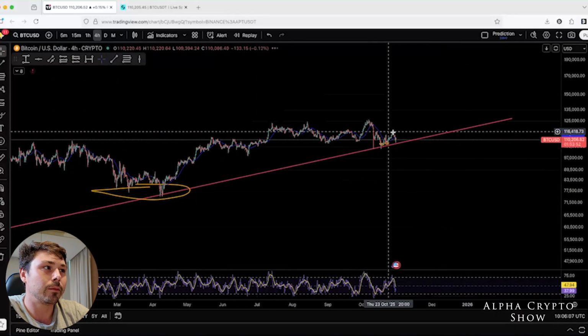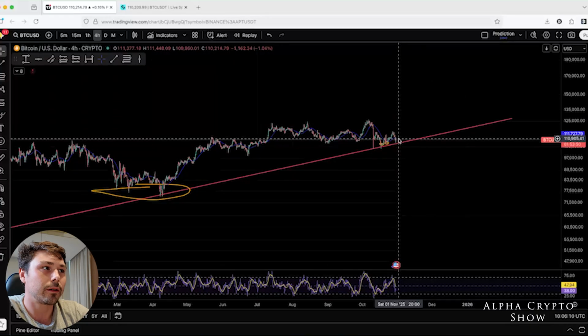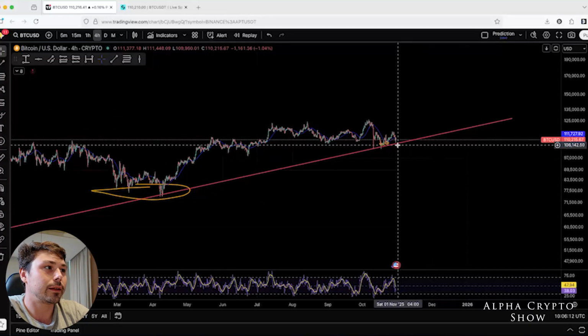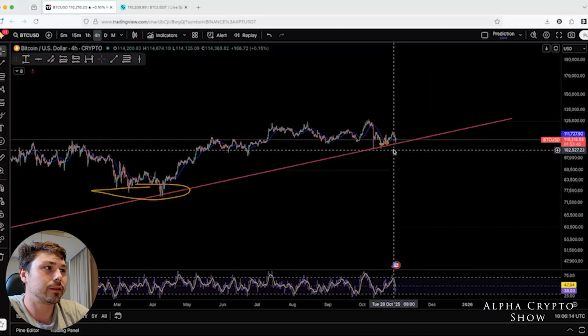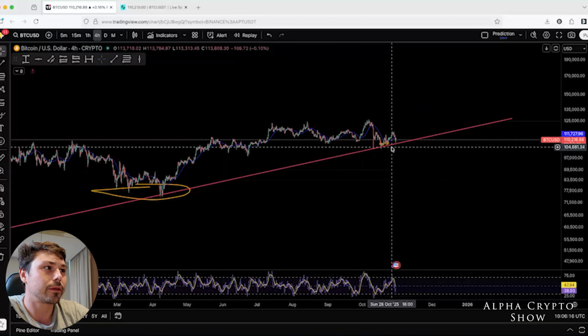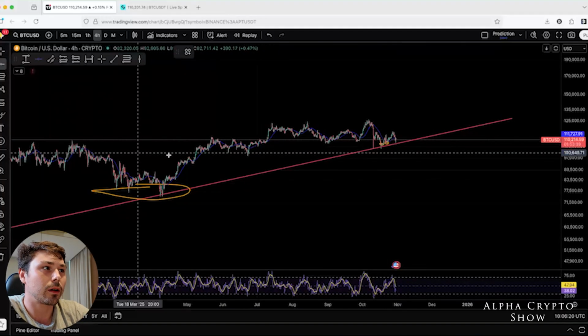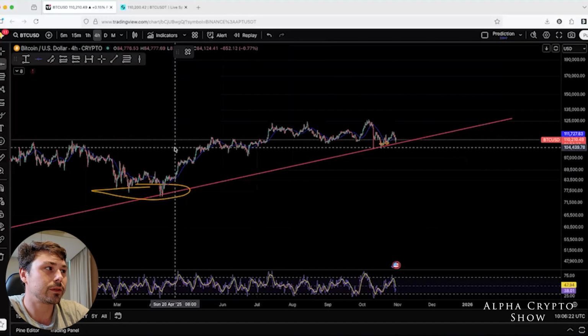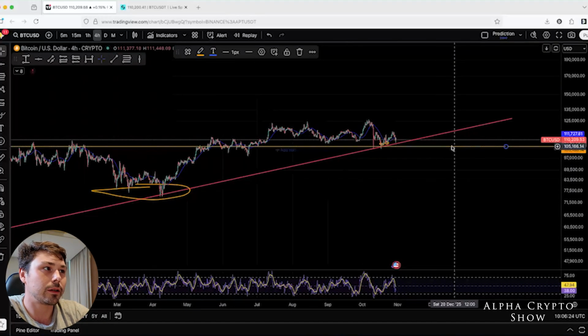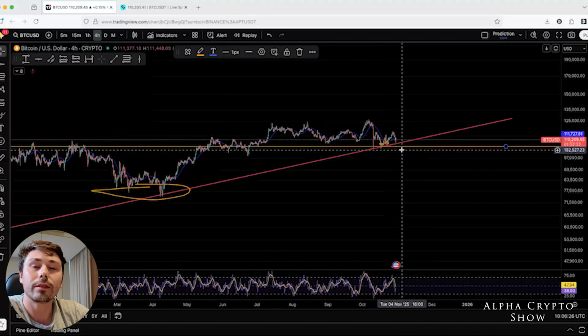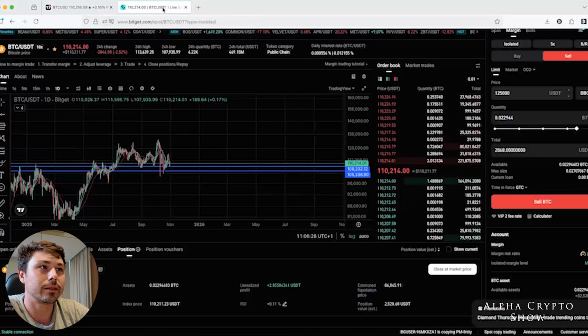But for now, I'm longing the Bitcoin from here, and for me, it's this 105K zone which I want to hold. Okay, so if the price goes down, I will close this position under this price. So you have to make a decision.